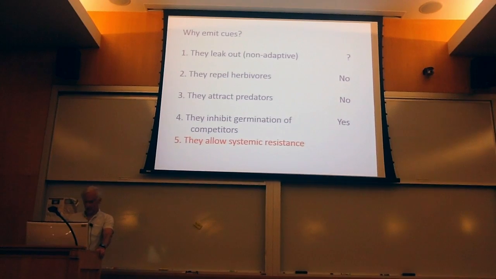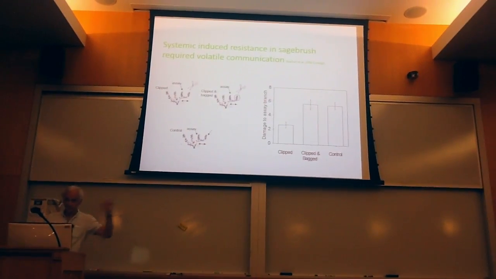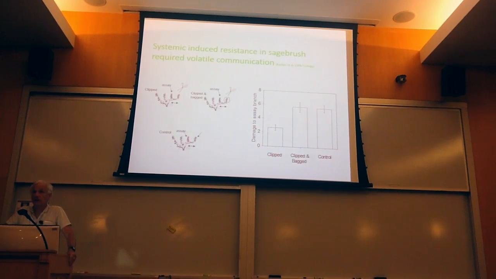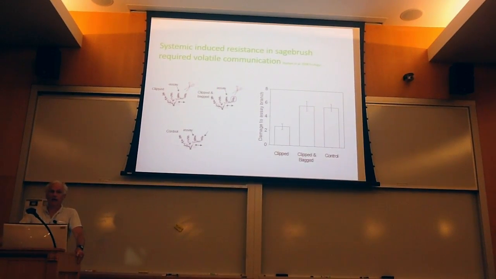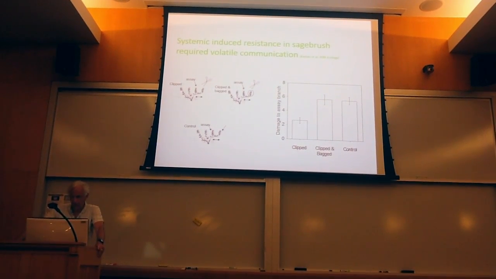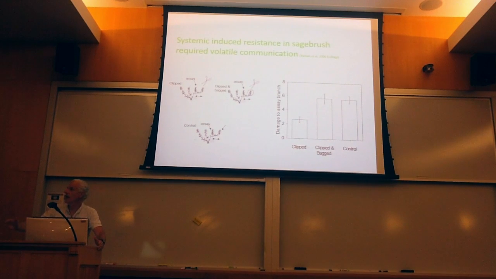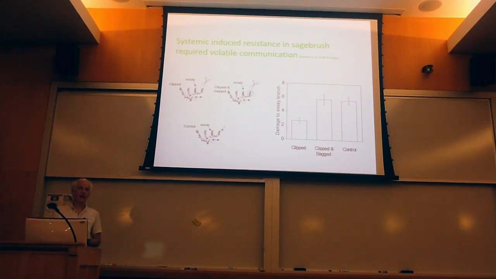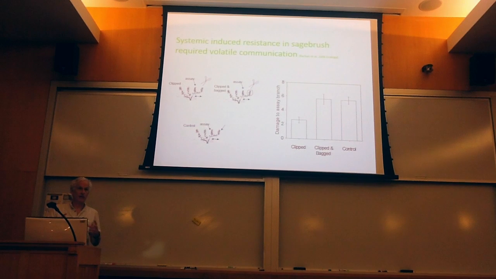They might allow systemic resistance. This is a slide I've already shown you, and indeed that's the case: when volatile contact, when there's airflow between a damaged branch and an undamaged branch of the same plant, is possible, the plant can coordinate its own systemic defenses.